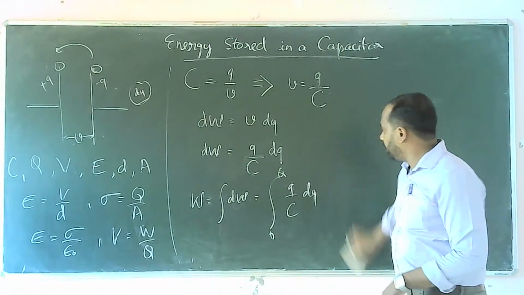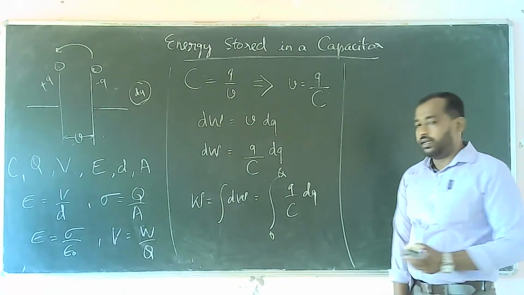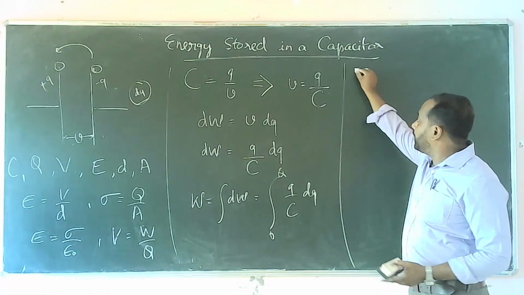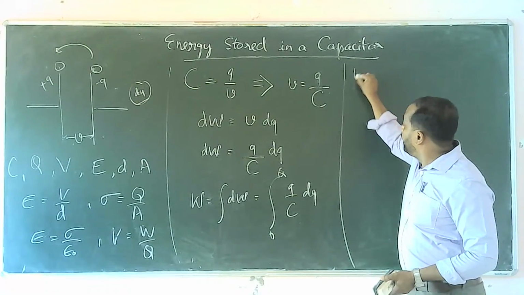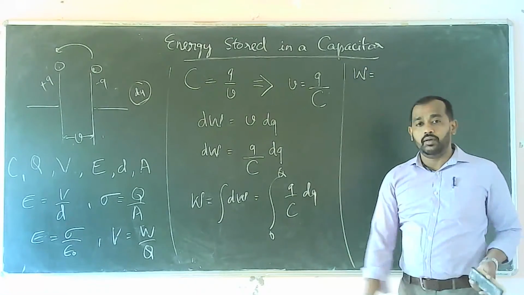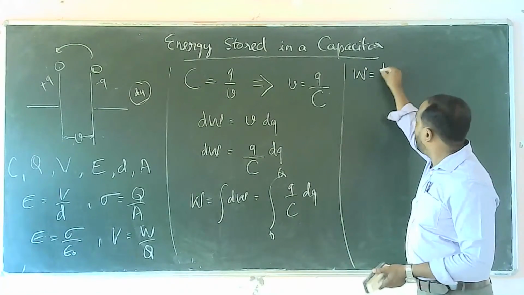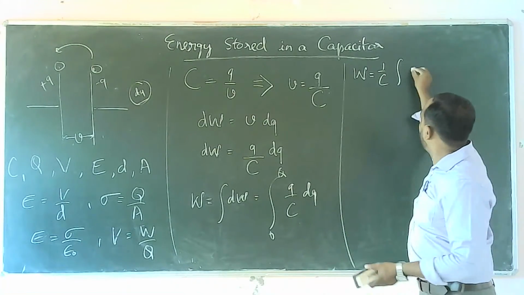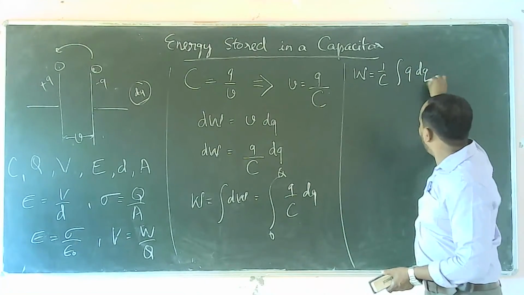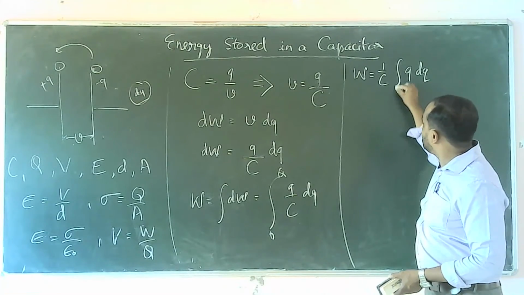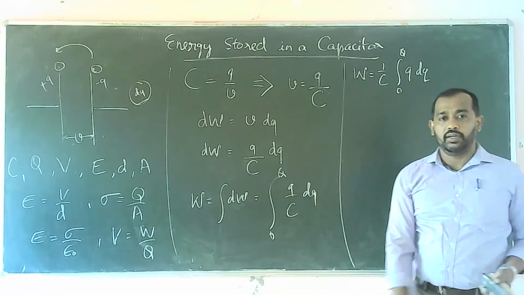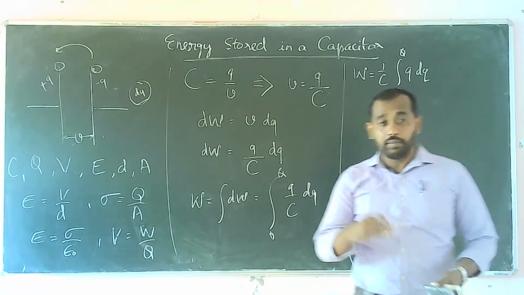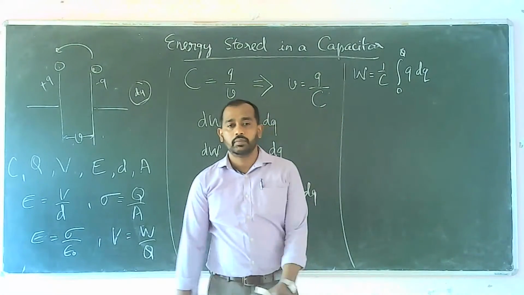So hence, what do we write here? Integration of dw, w is equal to 1 by C into integration of q dq between the limits 0 to capital Q. I am writing each of the steps here.